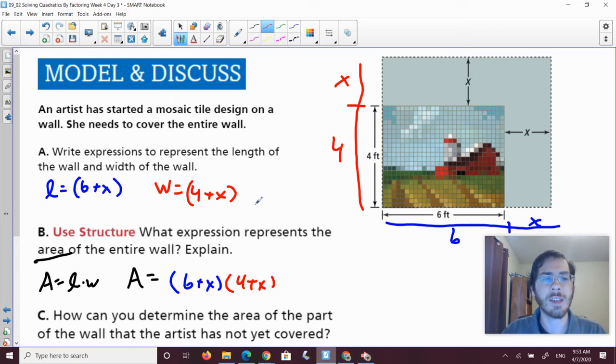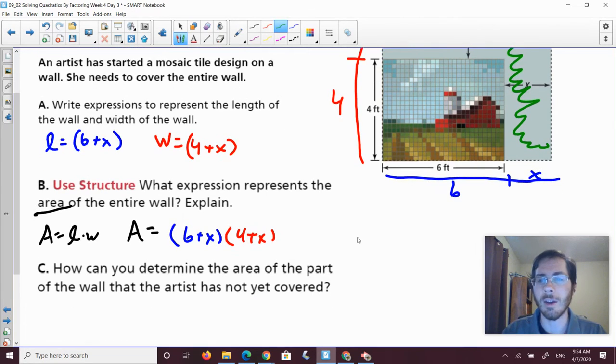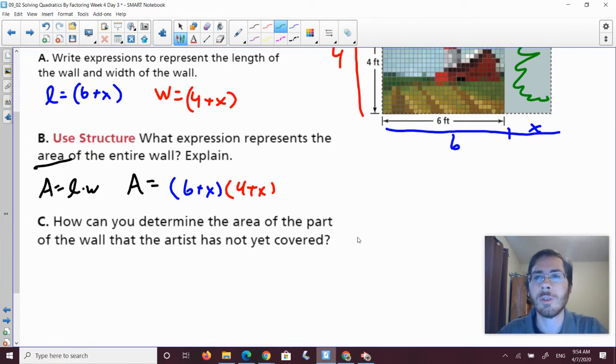For part C, it asks, how can we determine the part of the wall that the artist has not yet covered? So we want to find out all of this area. Now it's true, we could use our area model and multiply x times 4 and 6 times x and then x times x. So we could do that. That would work out. But if we wanted to, we could also do it with a subtraction.